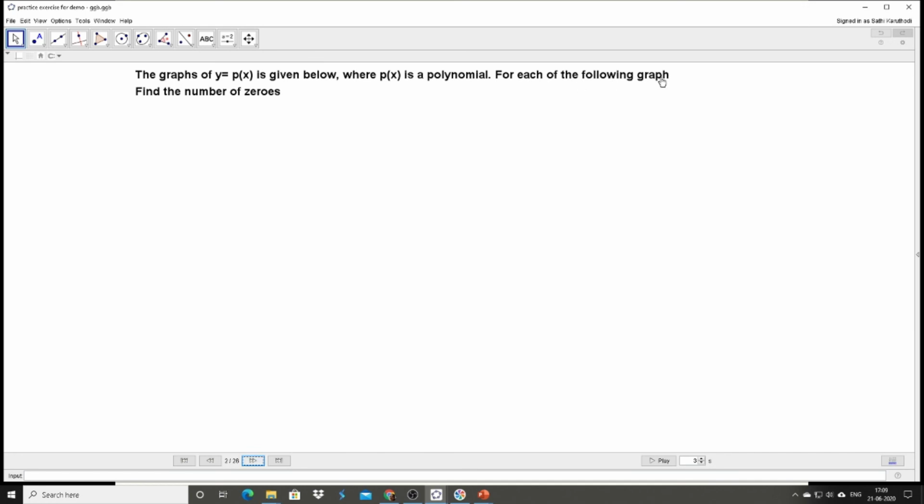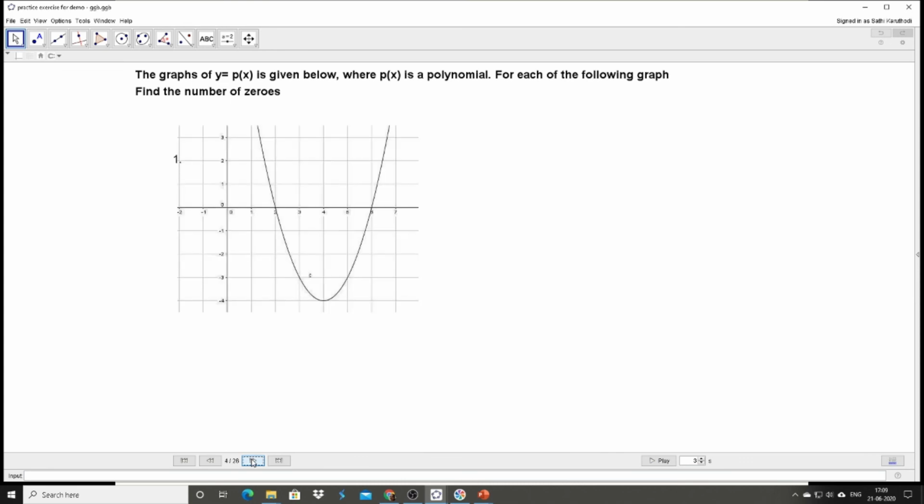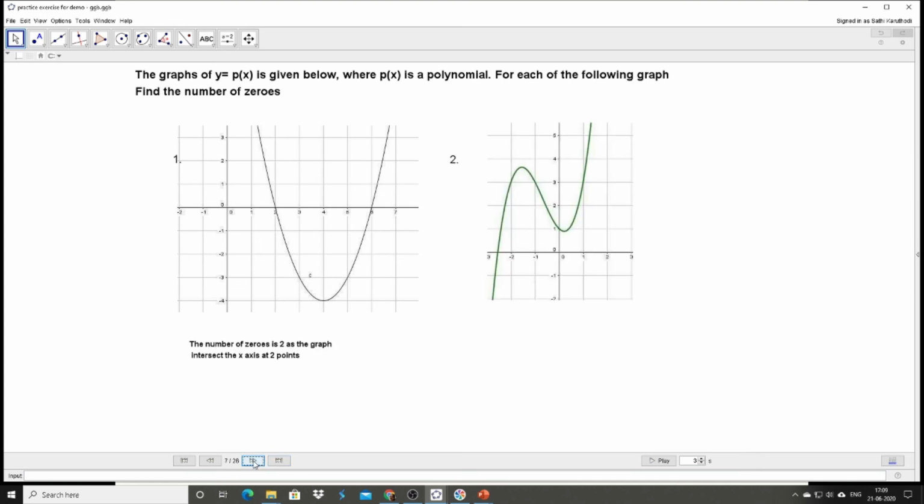For each of the following graphs, find the number of zeros. The graph intersects the x-axis at 2 points. Therefore, the number of zeros is 2. The graph intersects the x-axis at 1 point. Therefore, the number of zeros is 1.